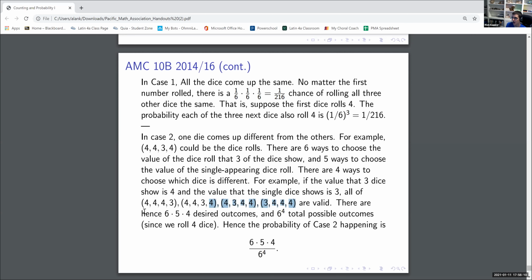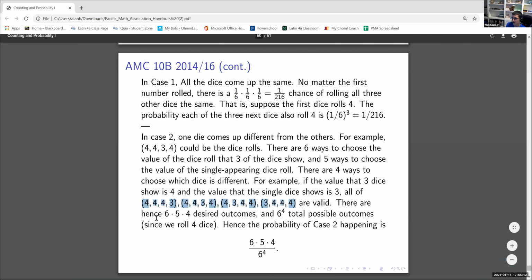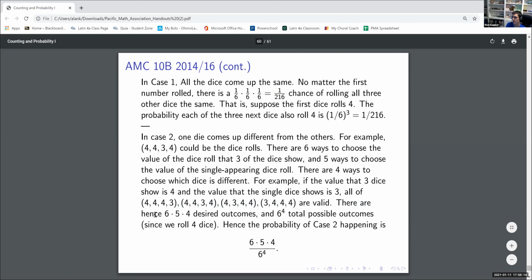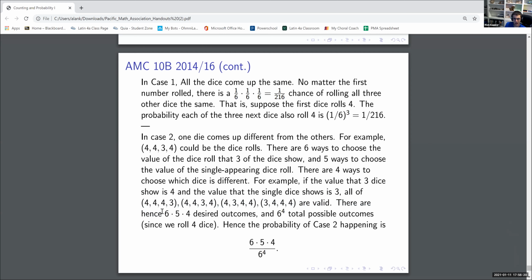So we're multiplying by 4 because of that fourfold symmetry almost in the cases. Does that make sense?